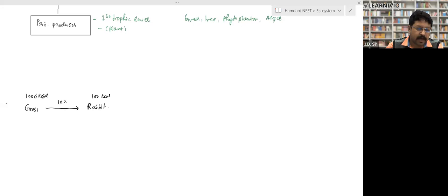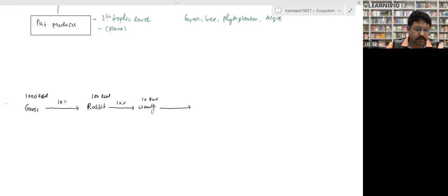Now suppose the rabbit is eaten by a wolf. Out of this 100 kilocalorie, only 10% will be transferred, so the wolf will get only 10 kilocalorie of energy.